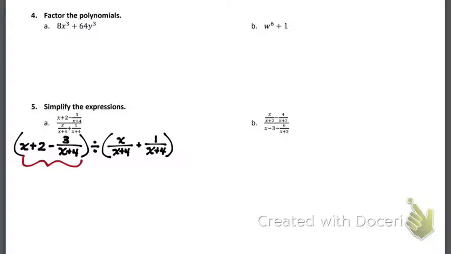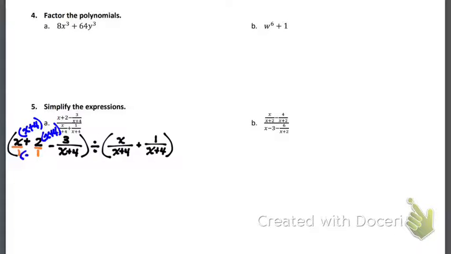In this front piece, I know I'm going to need a common denominator underneath the x and underneath the 2. So I'm going to put them each over 1. And I'm going to multiply them top and bottom by that common denominator. What is our common denominator here? X plus 4. So I'm going to multiply by x plus 4.